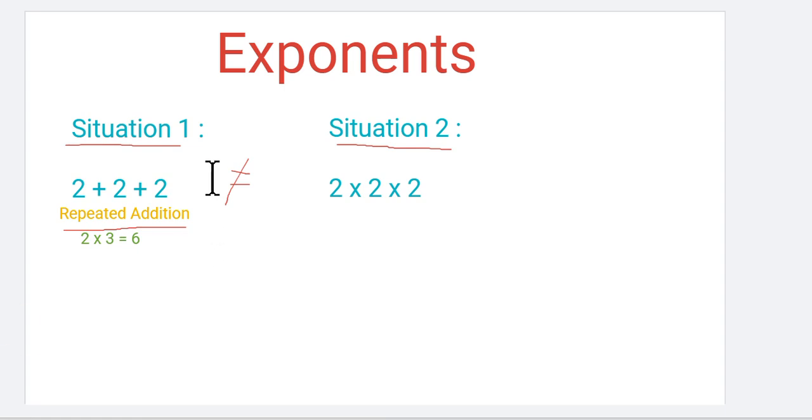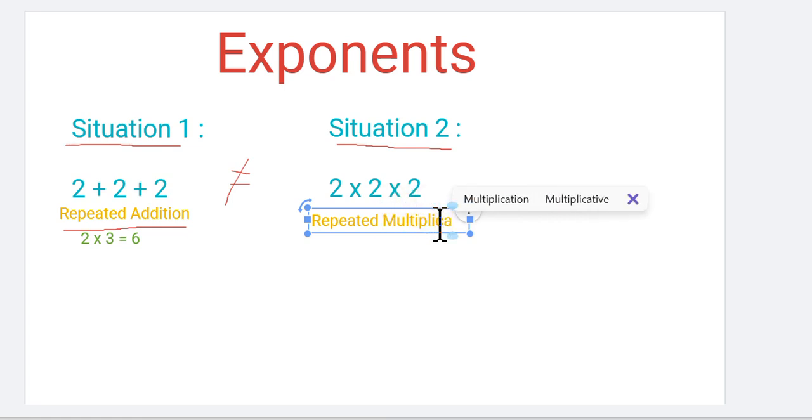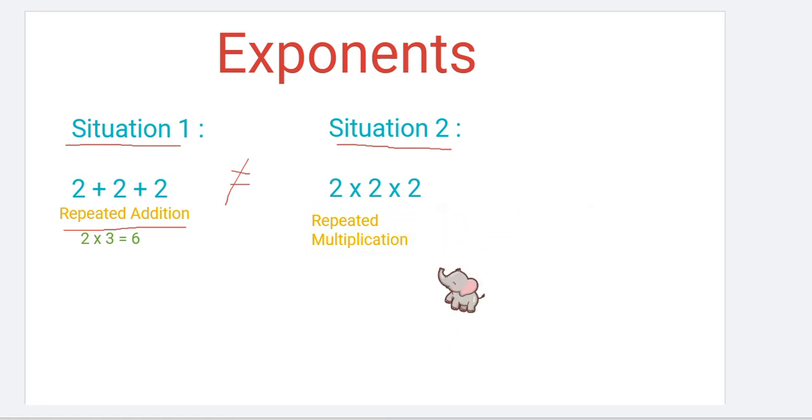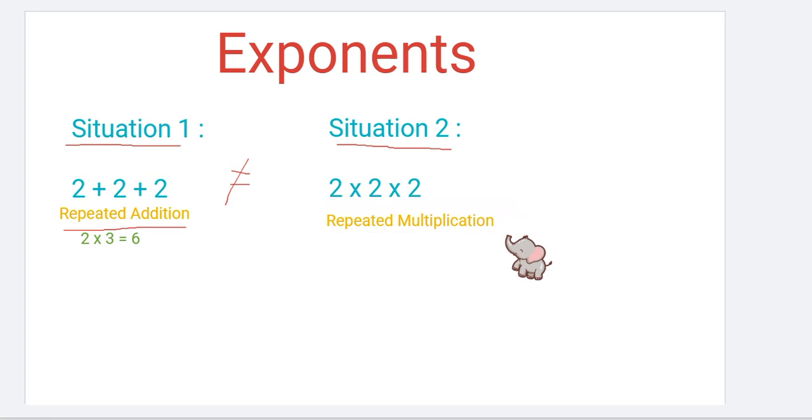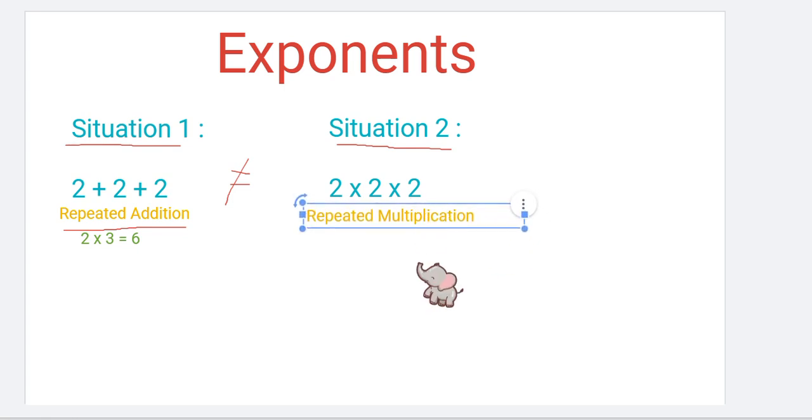It is something called repeated multiplication. Now repeated addition can be written as 2 into 3, but repeated multiplication cannot be written as 2 times 3.